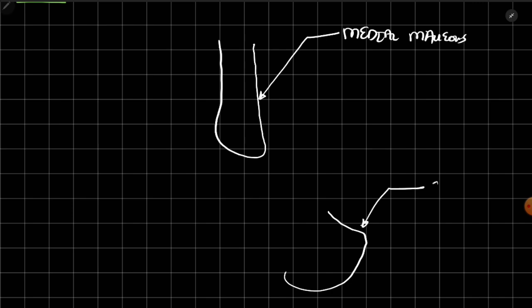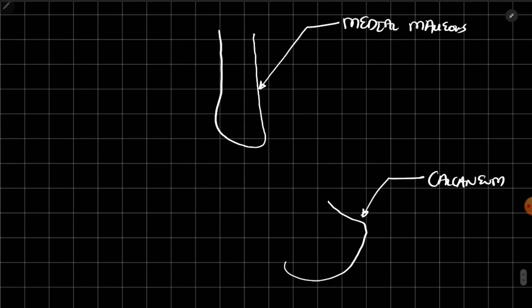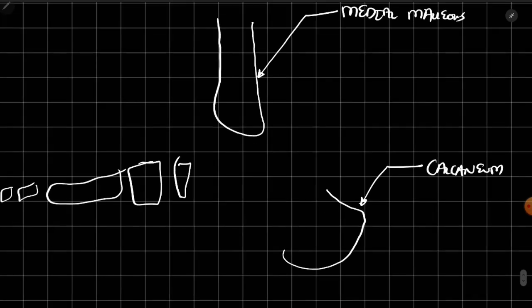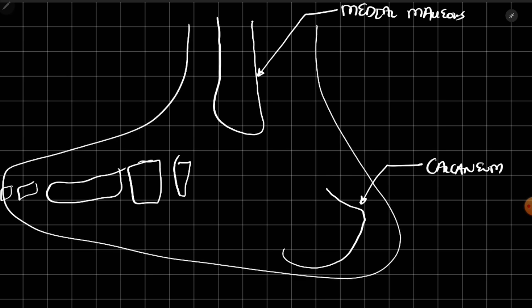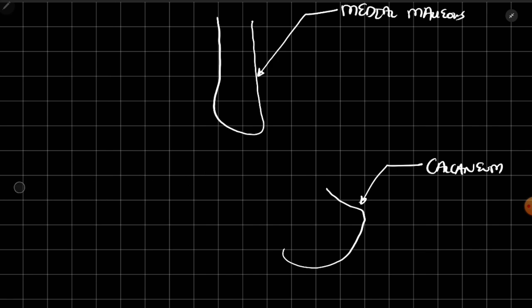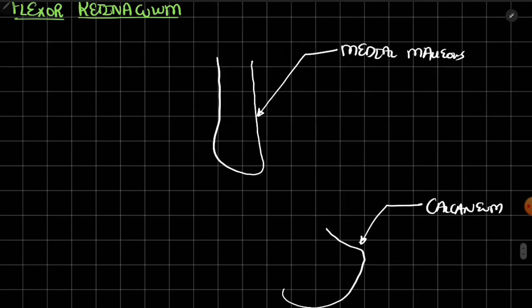This is the calcaneum bone. Here will come the navicular, then the medial cuneiform, then the first metatarsal, then we will see the distal phalanx and all. So basically this is the leg. Not too good, but to understand the flexor retinaculum, this much portion you should draw.